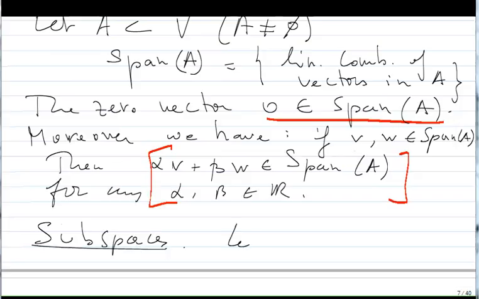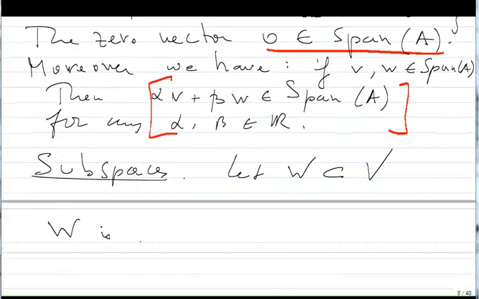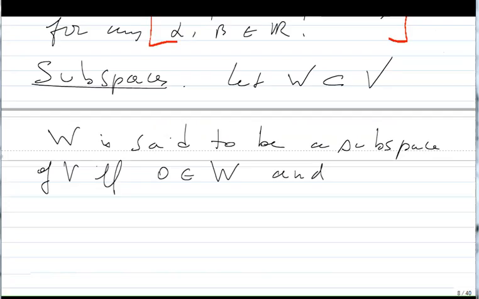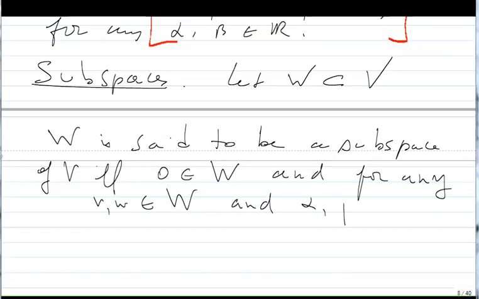Okay, so here let W be a subset of V. W is said to be a subspace of V if and only if 0 belongs to W and for any v, w belonging to capital W and alpha, beta in R, we have alpha v plus beta w belongs to capital W. Okay?